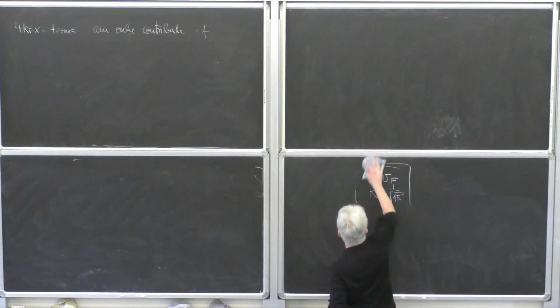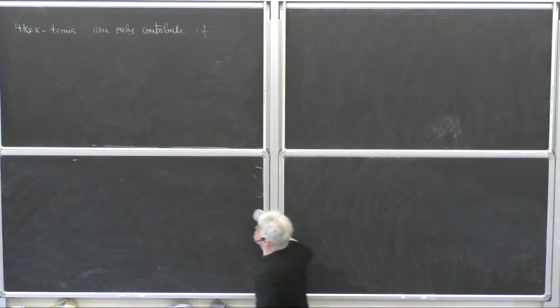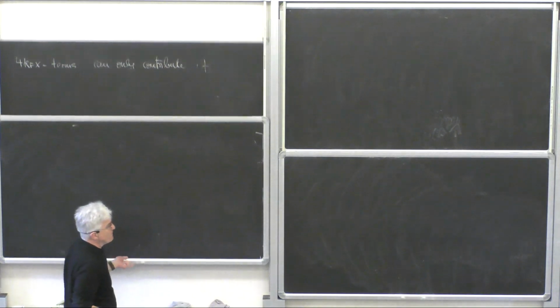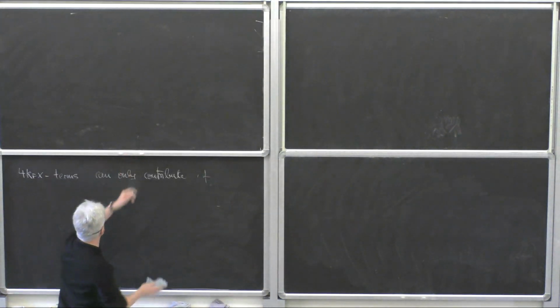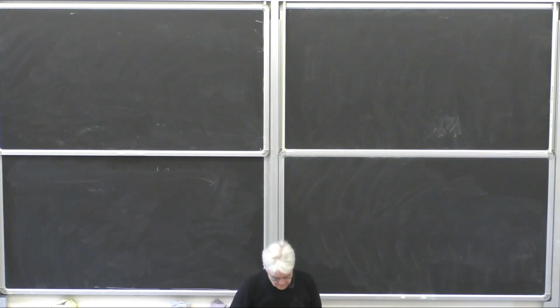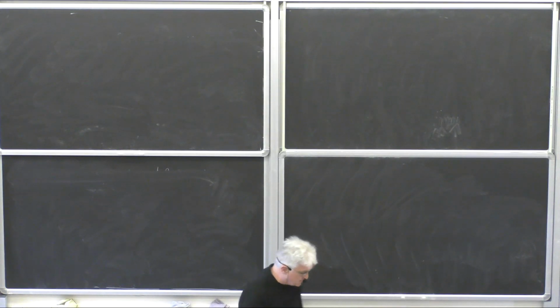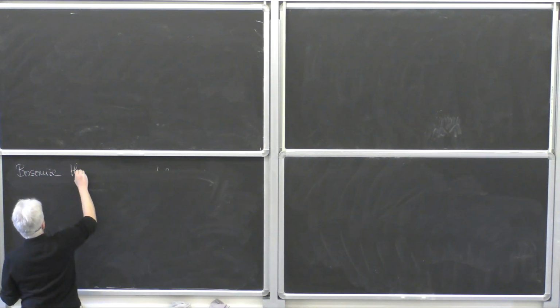This is one of the standard ways of doing it. Okay, so I have a little bit of time. Now we come to the business end. Now we have to bosonize the interactions.